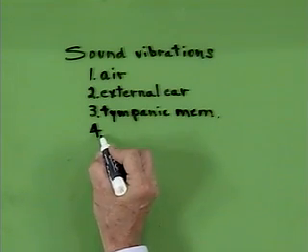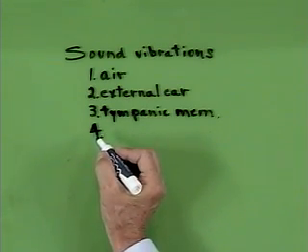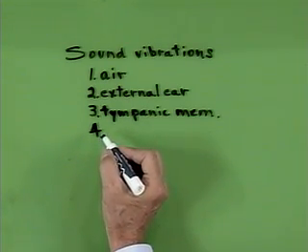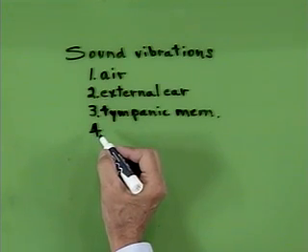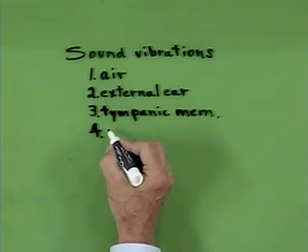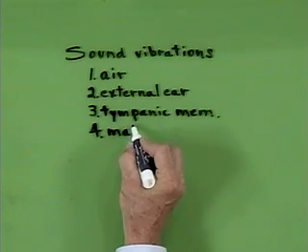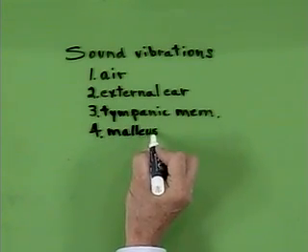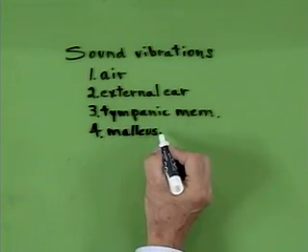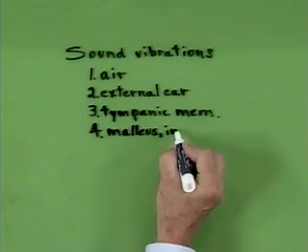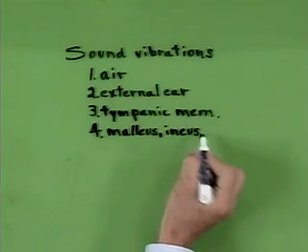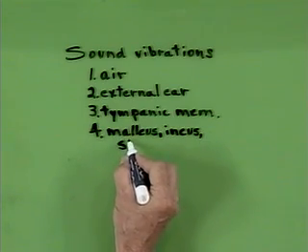After the tympanic membrane, which auditory ossicle was it that's glued to the inside of the tympanic membrane? Malleus. So we're going to have the sound vibrations in the malleus. And the malleus articulates with what? Incus. The incus. And it articulates with stapes.